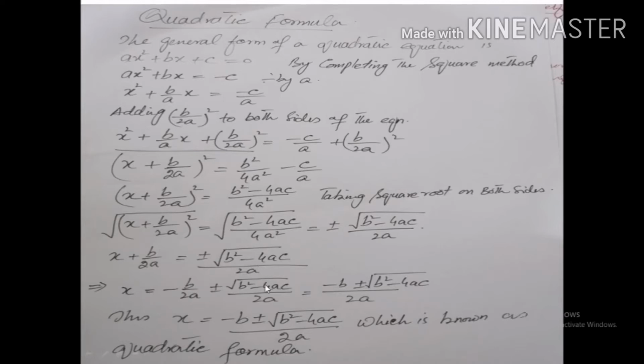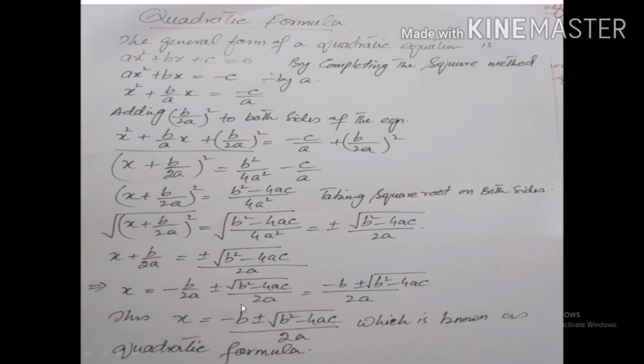This implies x is equal to, if we transfer the term b/2a to the right hand side, x = −b/2a ± √(b² − 4ac)/2a.